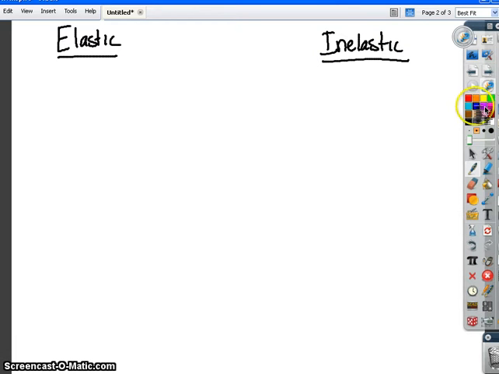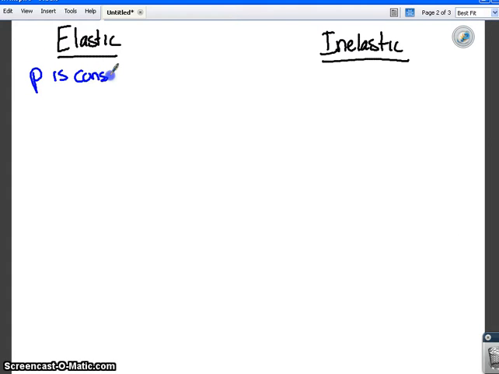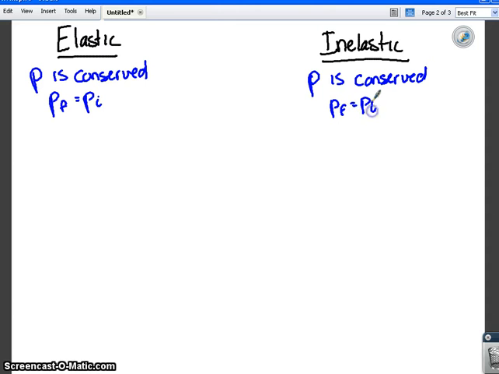Okay, so here we go. In an elastic collision, momentum is conserved. That means the final momentum will equal the initial momentum. In an inelastic collision, momentum is also conserved. Momentum is conserved no matter what. Momentum final equals momentum initial.